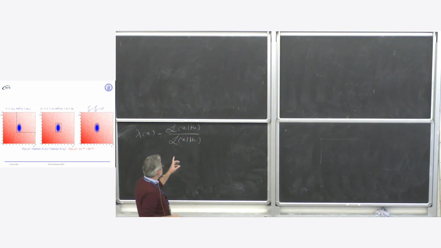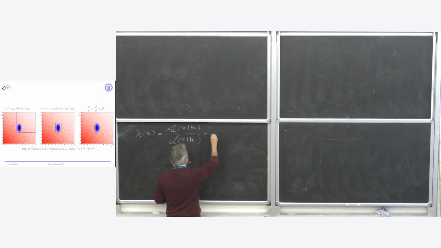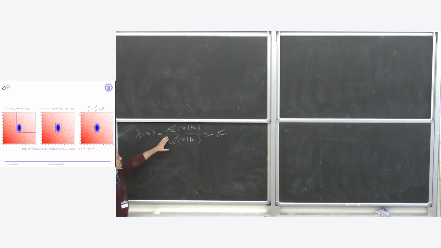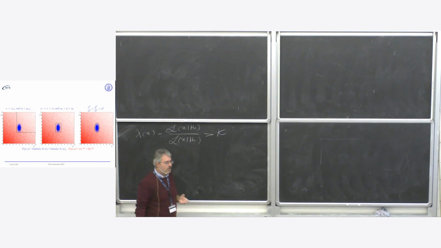And you can decide that this is the variable you want to cut. So I say this must be greater than k. Greater because H1 is the hypothesis I want to prefer against H0. So I want to exclude H0. Now, what do I get?